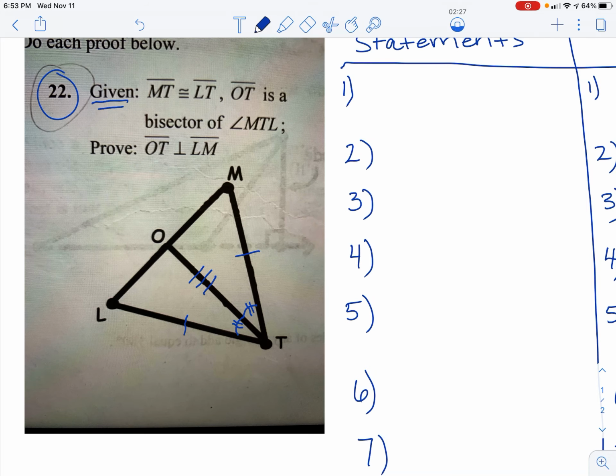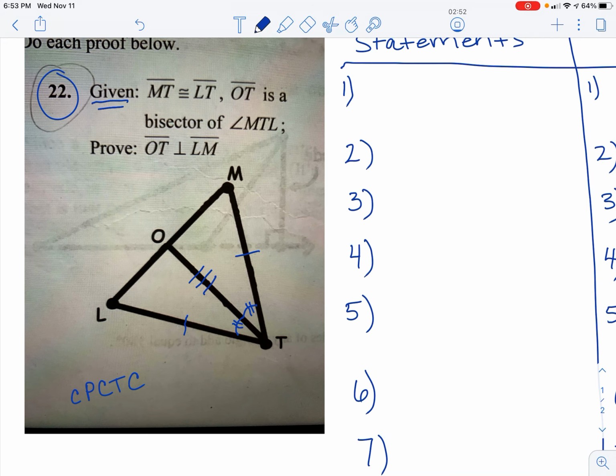Triangle TOM is congruent to triangle TOL. Now we know something from that. When we have two congruent triangles, that means all of the corresponding parts in those triangles are also congruent. That's that whole thing we talk about, corresponding parts of congruent triangles are congruent, that CPCTC thing we talk about.